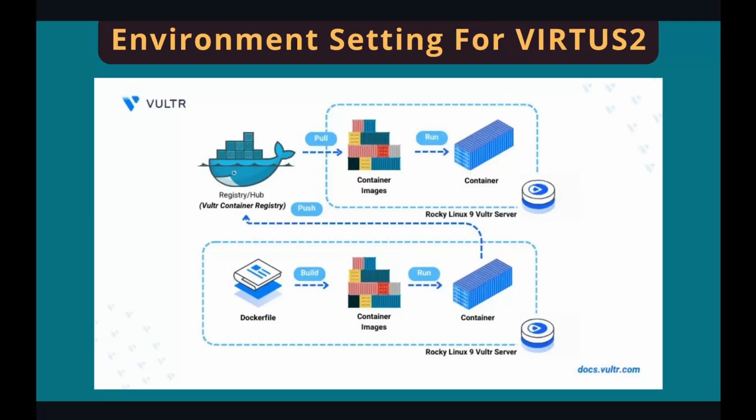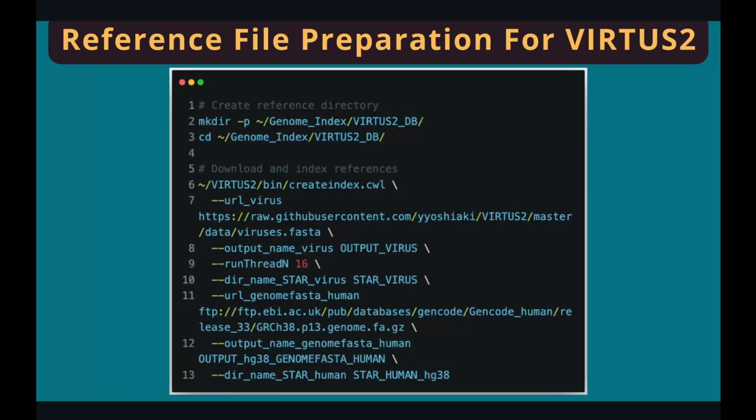Alright, so once everything is set, we can download our database. For this tool, we need two databases. One for viruses, the other one for human, because we're having a human data set. Actually, this tool only works for human data sets and only works for RNA sequencing data. So it's quite limited.